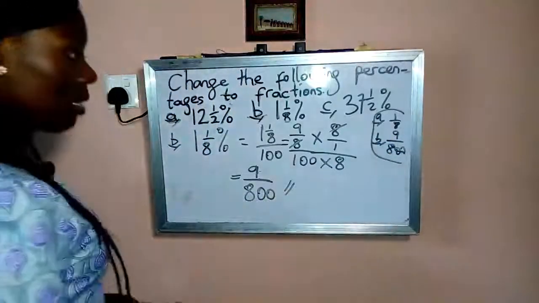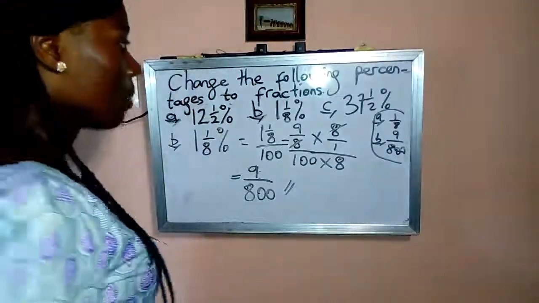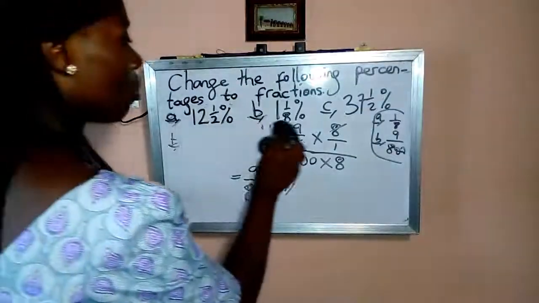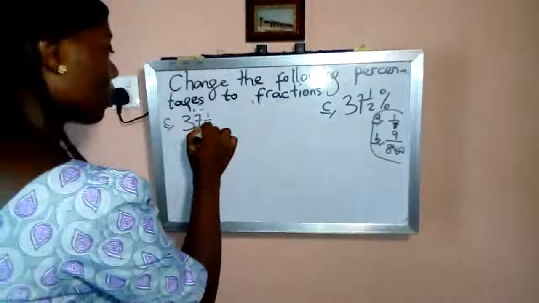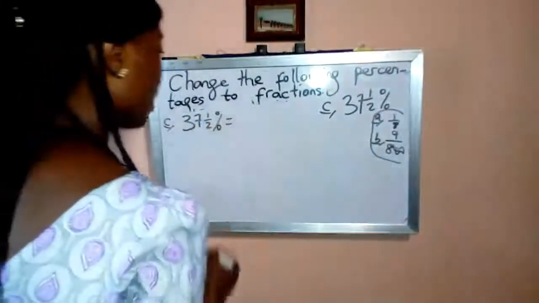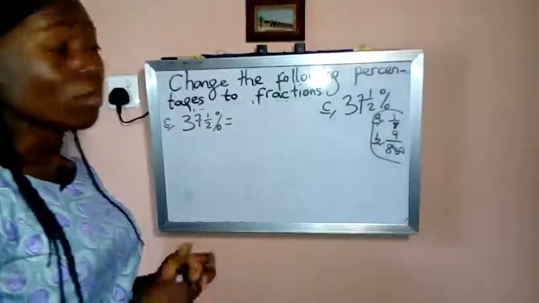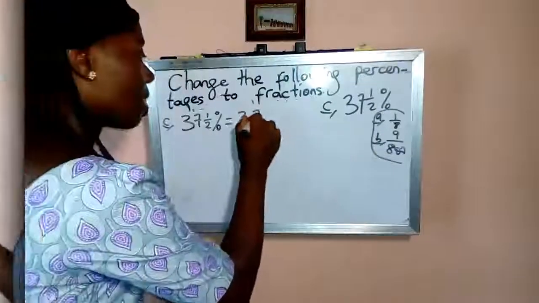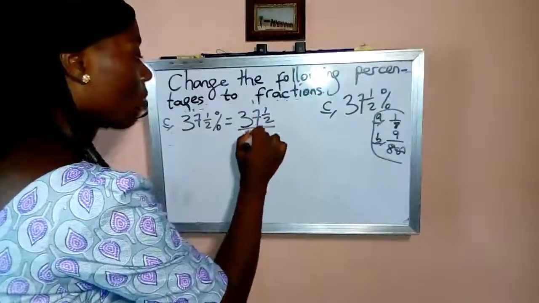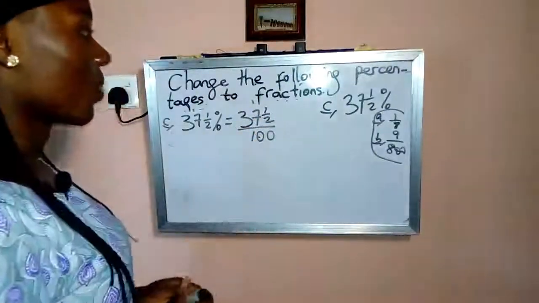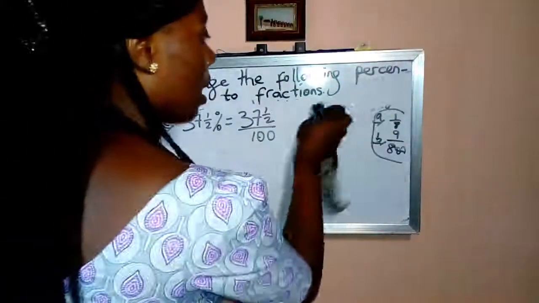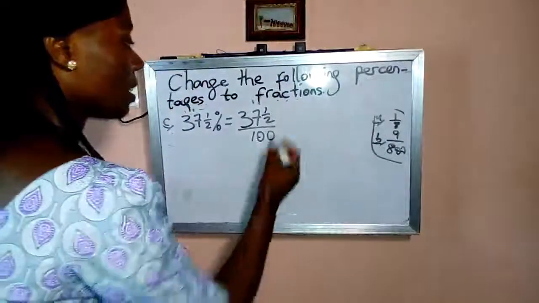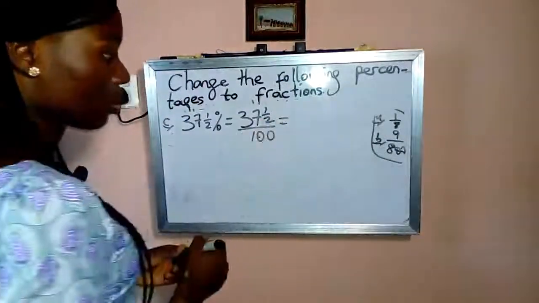Let's see C. C is 37 whole number 1 over 2%. Now, like I told you earlier, there are different ways of solving this. So we have 37 whole number 1 over 2 all over 100. Now what do we do? I'll simply convert this to an improper fraction.